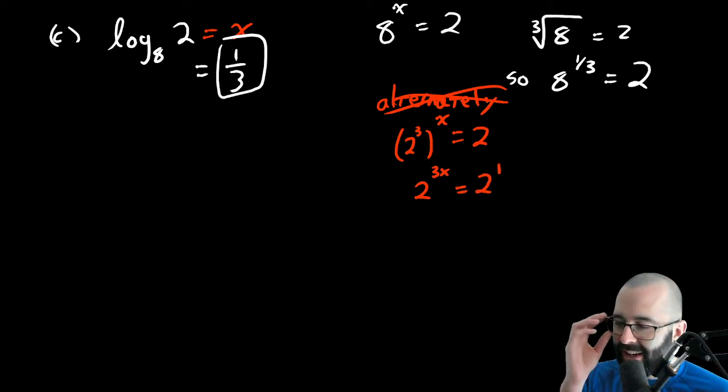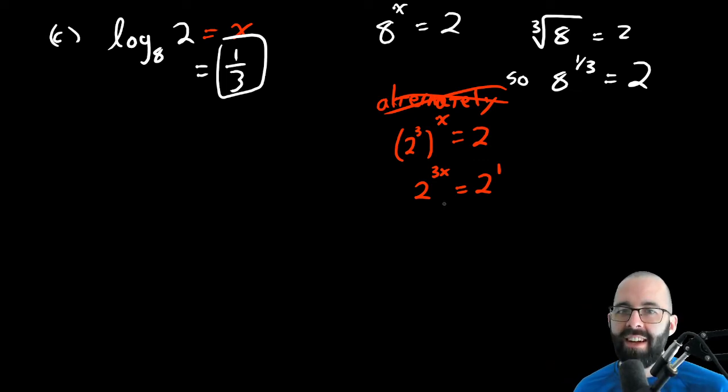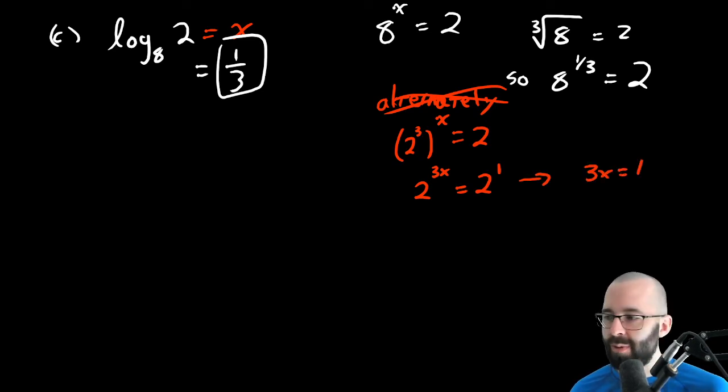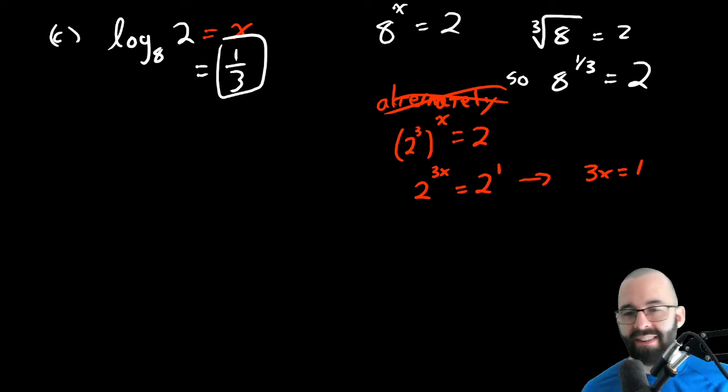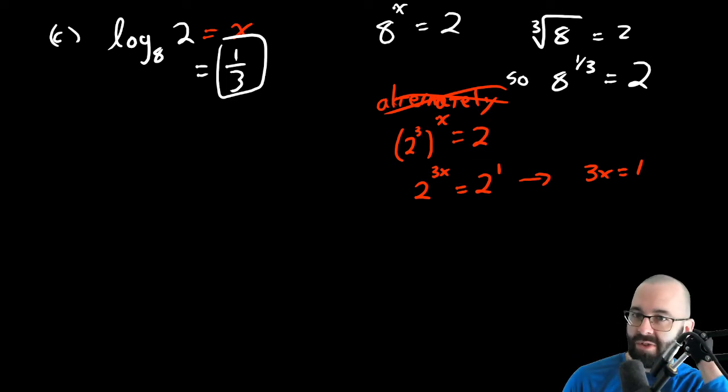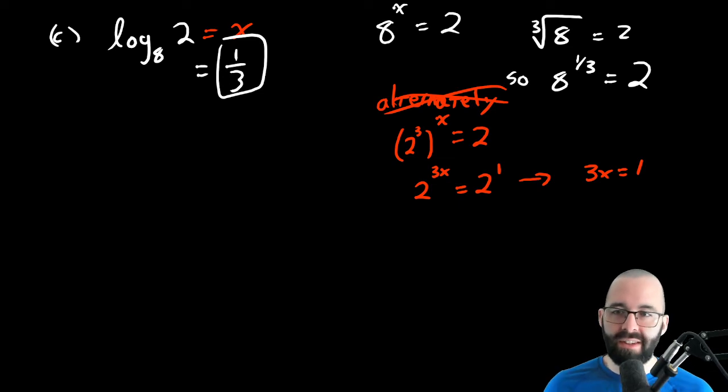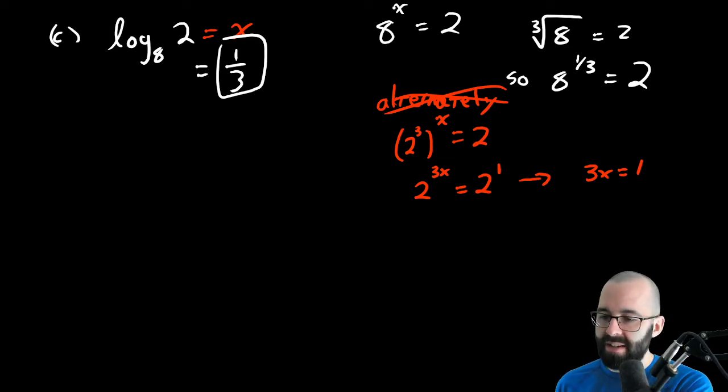Again, this is kind of jumping ahead a little bit because all these sections are intertwined. And then you could get to the point, okay, well, 3x has to equal 1. So this is another way of approaching this problem as well. So x is 1/3.